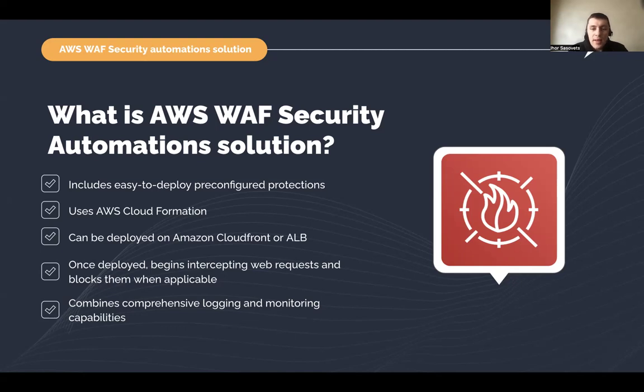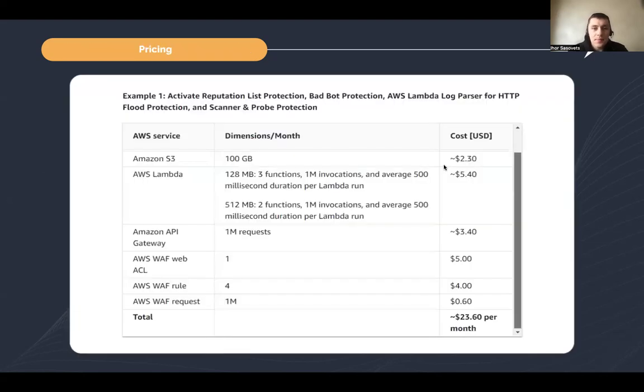Once some malicious requests are detected, it will automatically block them or otherwise work according to the rule actions. It also gives you comprehensive logging and monitoring capabilities, so you can easily track your changes, capture requests, and use them in order to enhance your protections and learn from attackers.